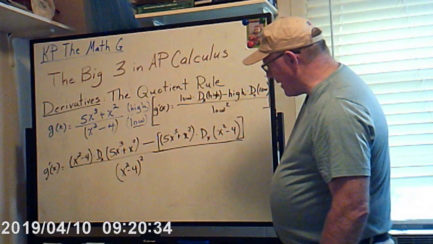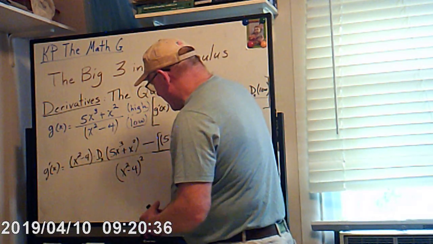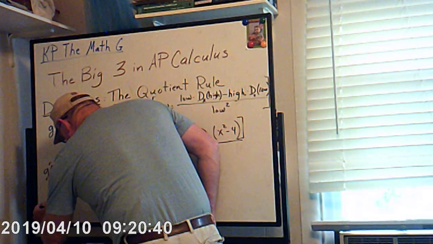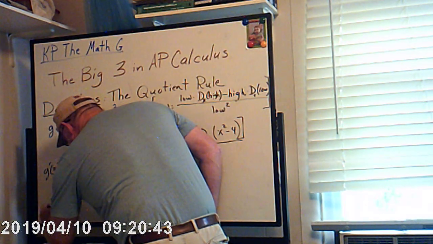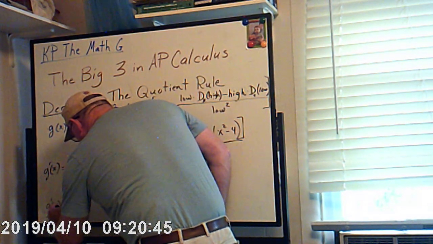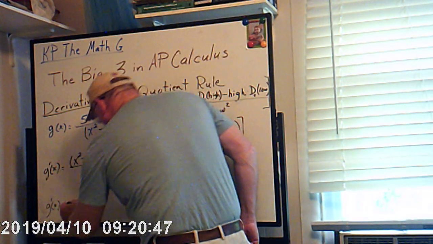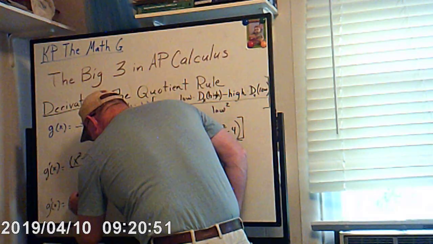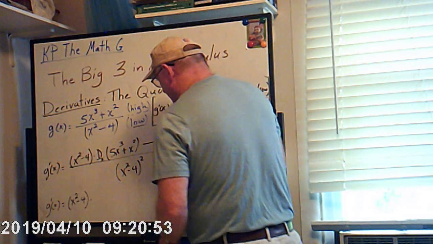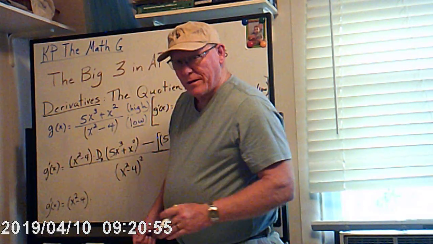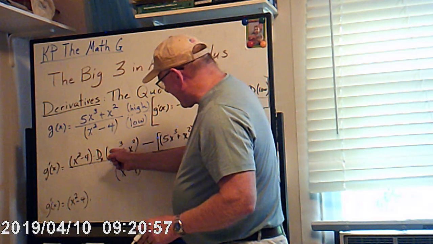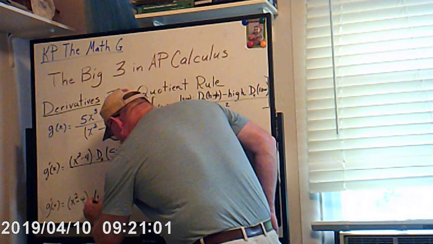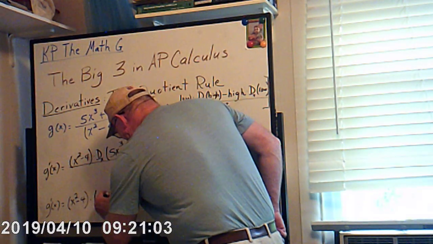Alright, so let's take the derivative. I'm going to have to flip this over, I'm sure. So g prime at x. I hope I can put it all over here. So low, just write it down. Do nothing to the first part. Now, let's get this derivative. Remember the product rule. 3 times 5 is 15x.